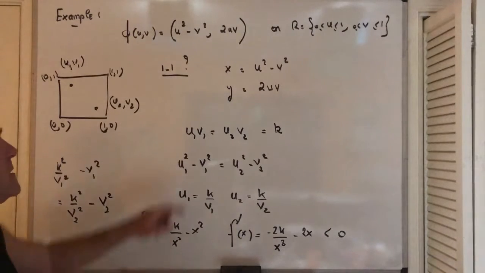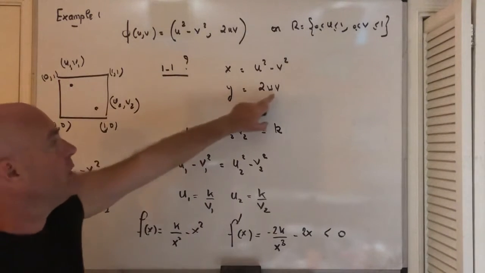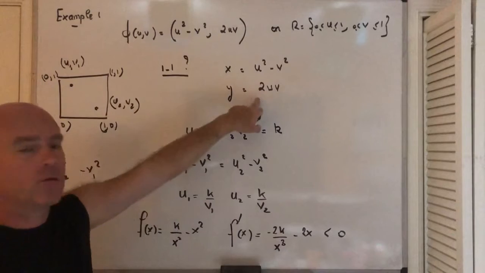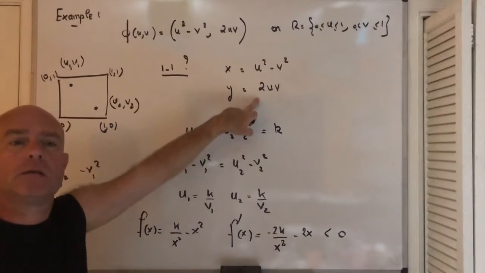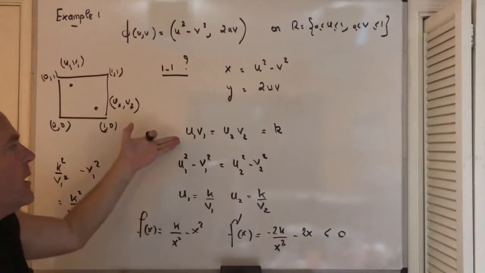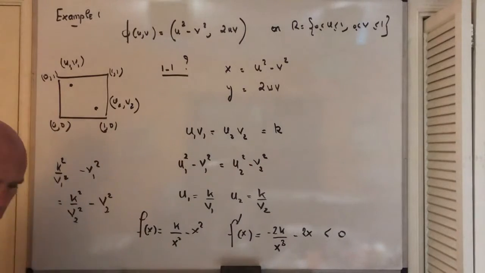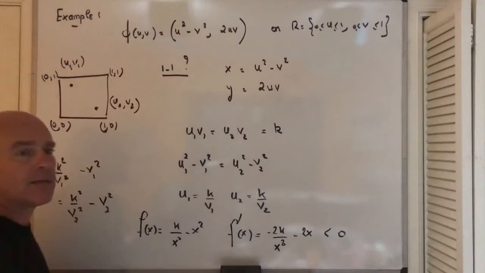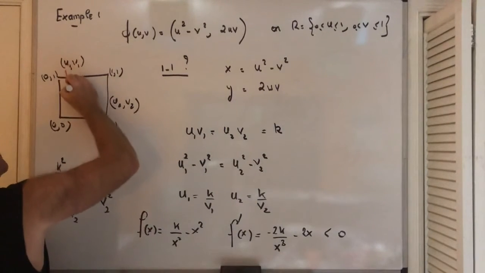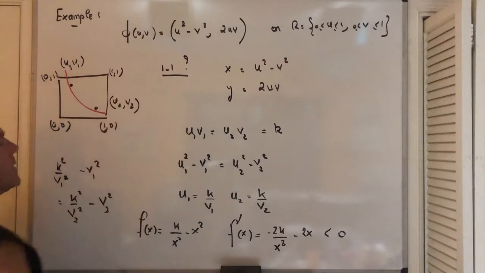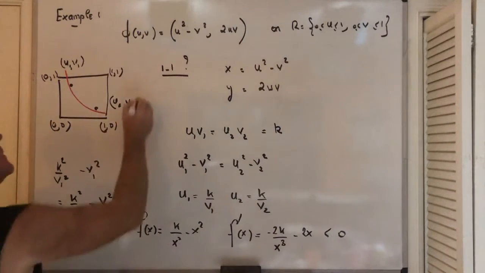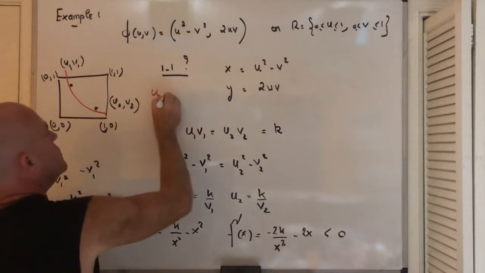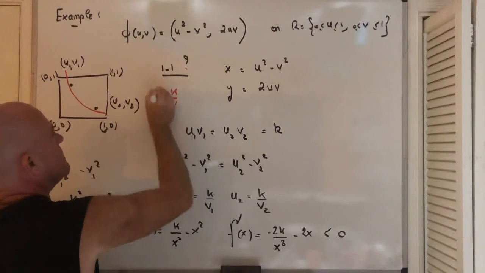So what does it mean? It means that 2 u1 v1 equals 2 u2 v2, by saying that the second coordinate is the same. So in other words, this means that those points sit on an equation u1 v1 equals u2 v2 equals k. So that means that this is on a hyperbola, let's say u equals k divided by v.